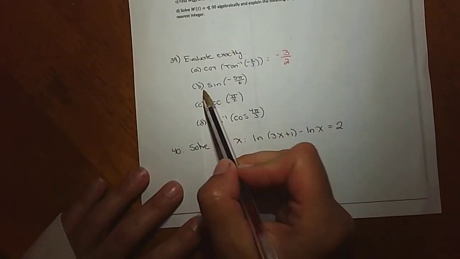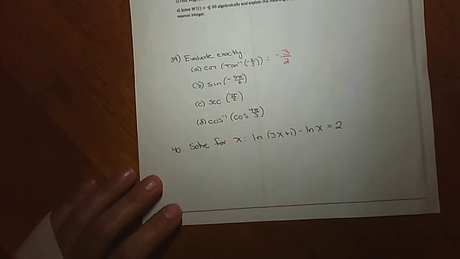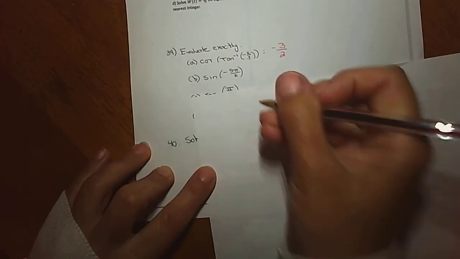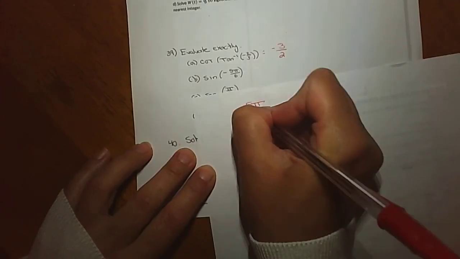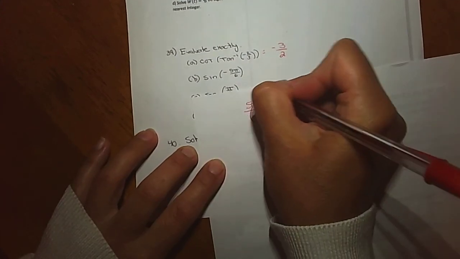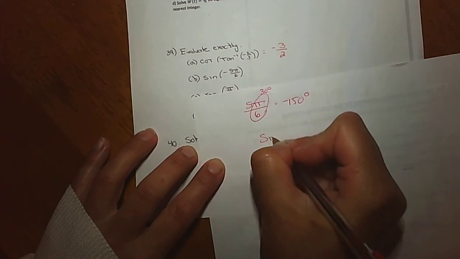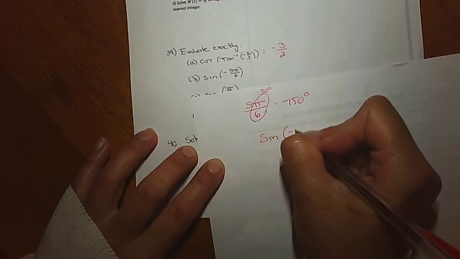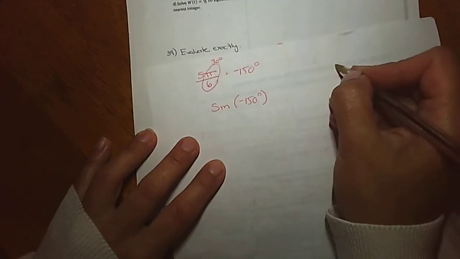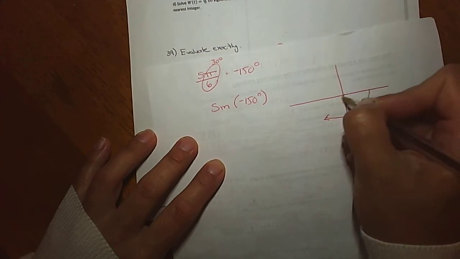All right, next one. Sine negative 5 pi over 6. Okay, so first off, let's start off with 5 pi over 6. Okay, pi over 6 is 30 degrees. So that means I'm talking about negative 150. So this question's asking, evaluate sine negative 150 degrees. So if I graph negative 150, put me to here, right?